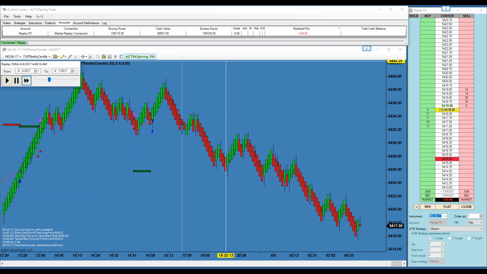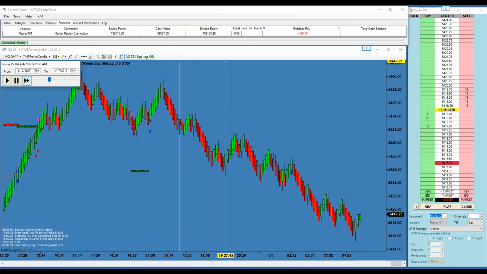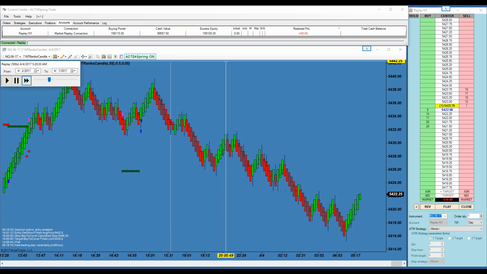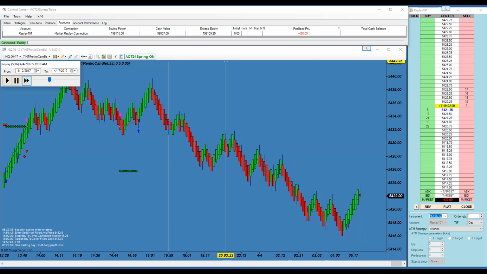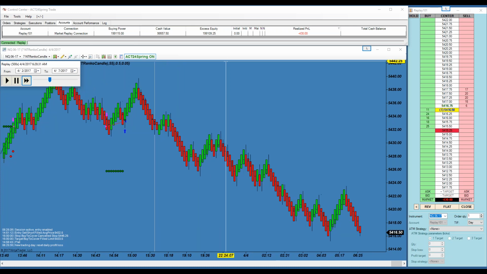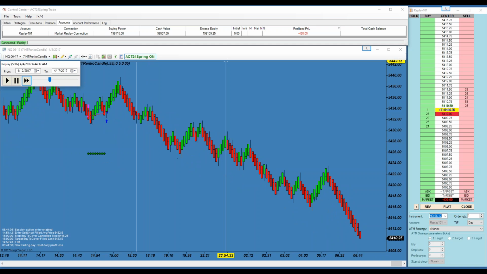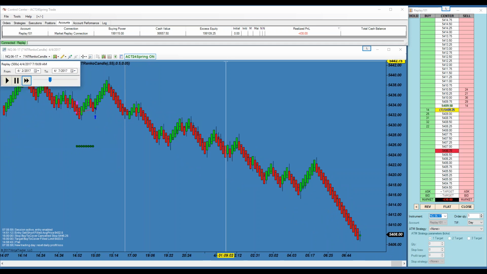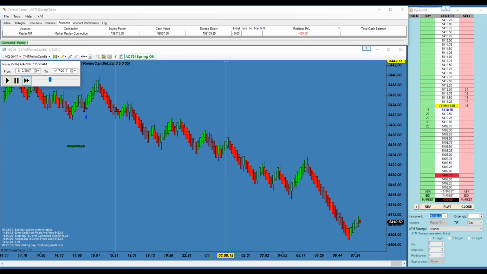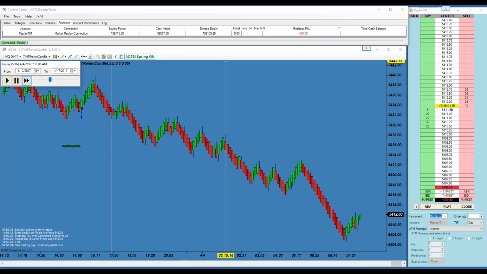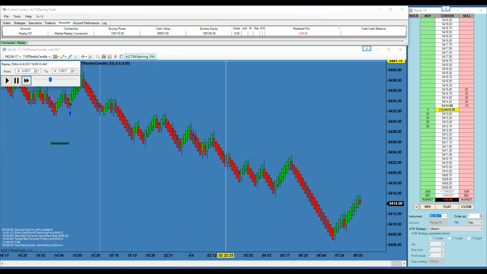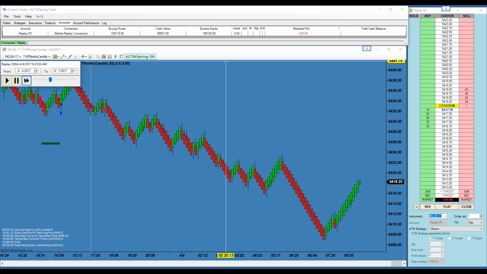Some days, if you have a straight line move, it may not trade at all. You can see it's 7:30 the next day, and it still hasn't drawn a blue line.